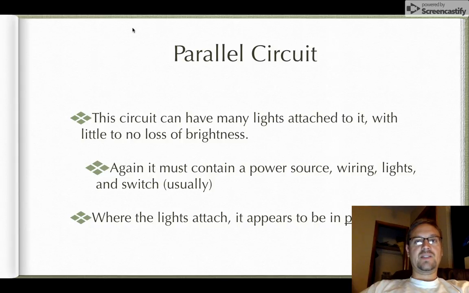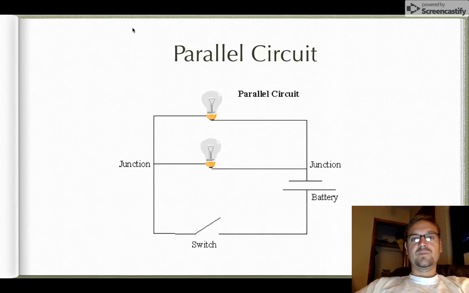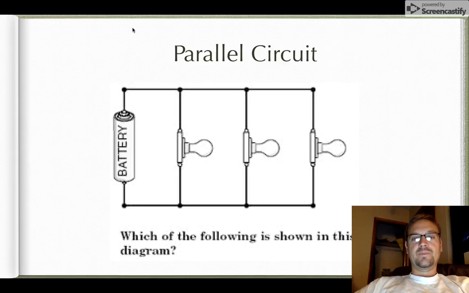Where the lights or the loads are attached on a circuit diagram looks to be in parallel lines. So a two-load parallel circuit could look like this. Here's another one that does not contain a switch.